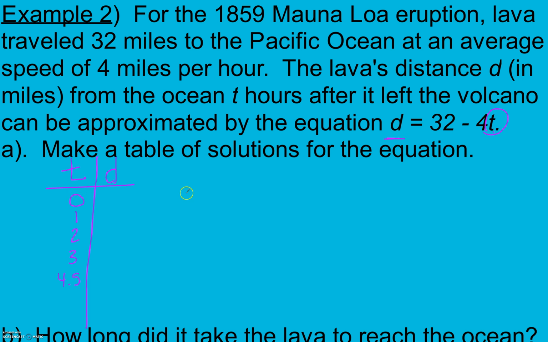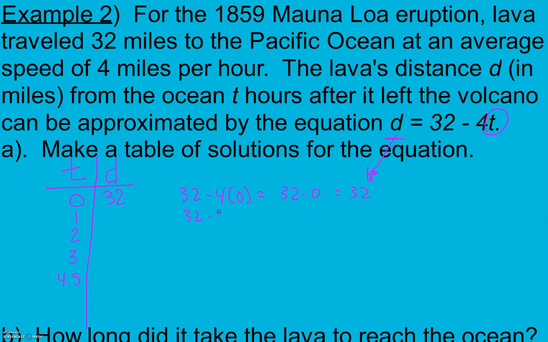Here when I plug in 0, I take 32 minus 4 times 0, which gives me 32, and what it equals is d. So at time 0, when the volcano erupted, my distance was 32.